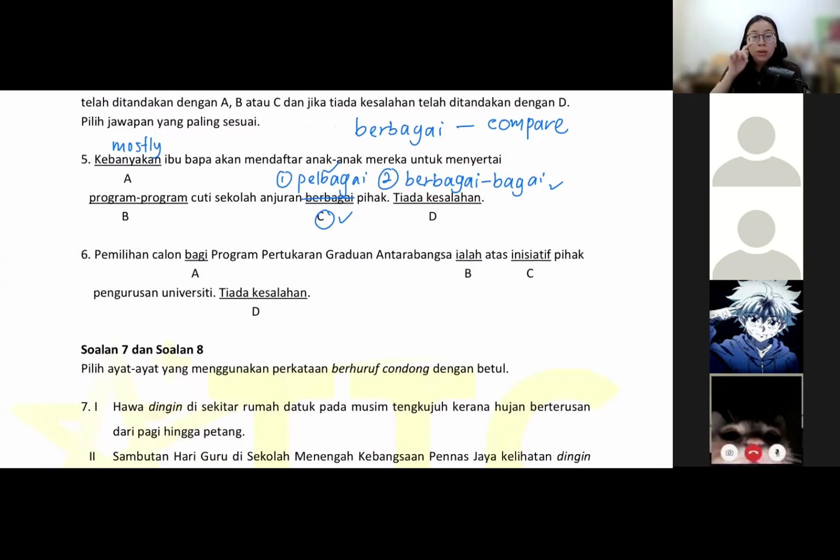Number two, pemilihan calon bagi program pertukaran graduan antarabangsa ialah atas inisiatif pihak pengurusan universiti. So which one is the answer? A, B, C, D. There's one kesalahan, A or B or C. Answer B, yes, correct.